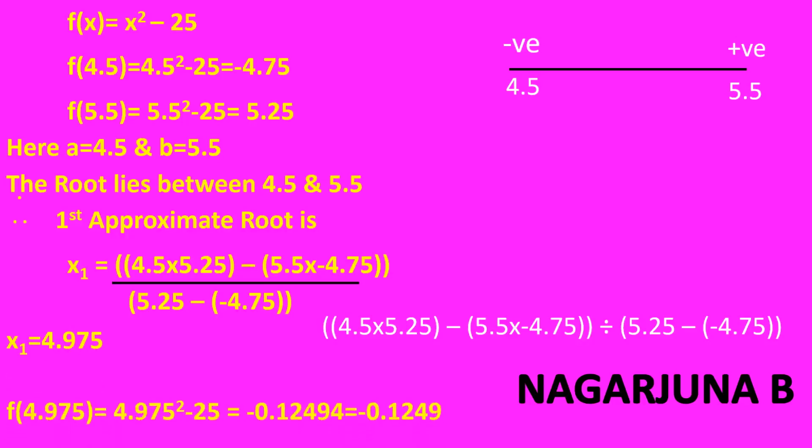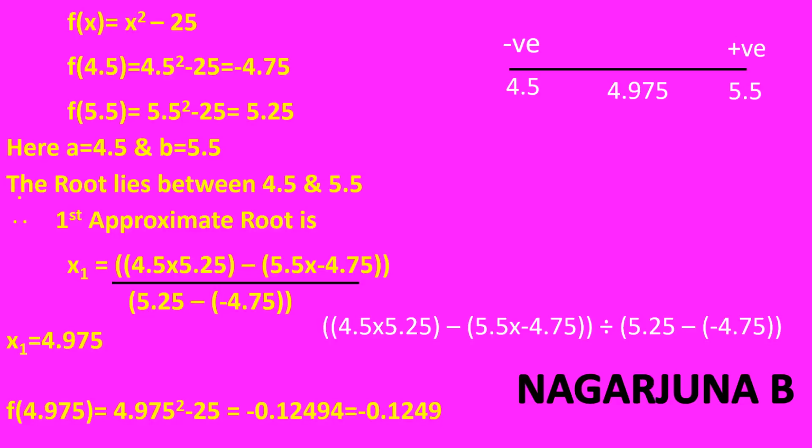4.975. Now find f of 4.975, and this will be equal to 4.975 square minus 25, which is equal to minus 0.12494, which is a negative value, right? And round off this to 4 digits after the decimal point.